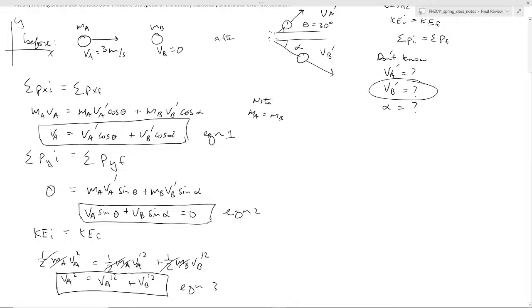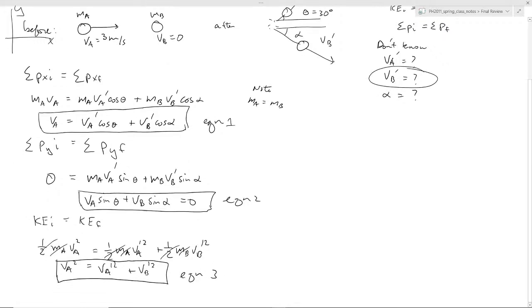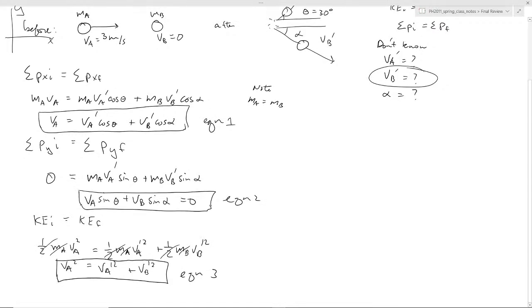Equation 3. So this gets at what I have described to you before a little bit, in that conceptually this is not that complicated. We've just looked at momentum in x and y and the conservation of kinetic energy. But it's kind of complicated algebraically because we have 3 expressions and 3 unknowns.